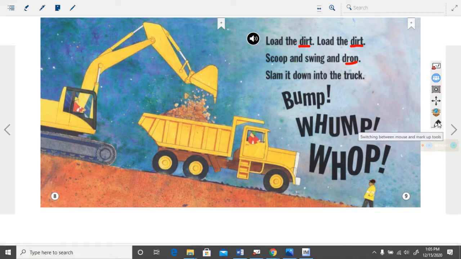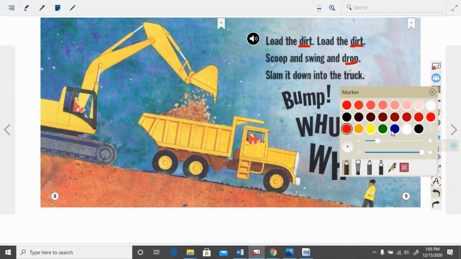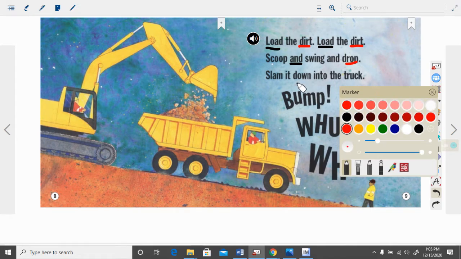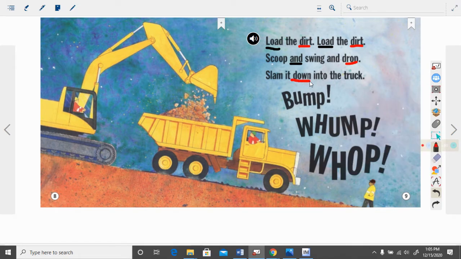Are there any words that end in the D sound? We have load, load, and we also forgot one that begins with the D sound, down. So there's a lot of words on this page that have the D sound in them.